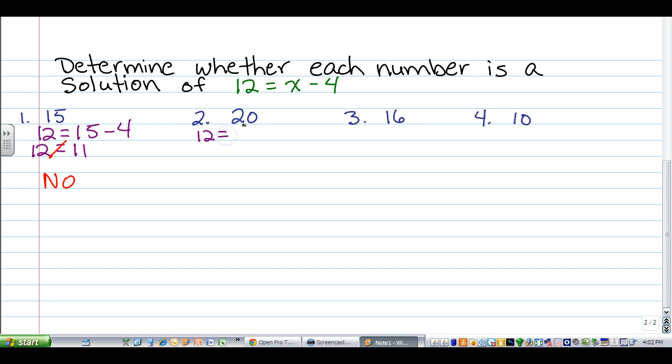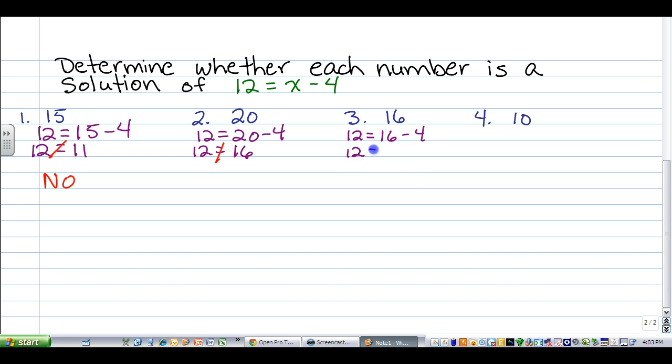12 is equal to, I'm going to take this 20 and plug it into the x. 20 minus 4. Let's solve it. 12 equals 20 minus 4 is 16. Is that equal? Nope. All right, let's try this one. 12 is equal to, let's plug this 16 in now. 16 minus 4.